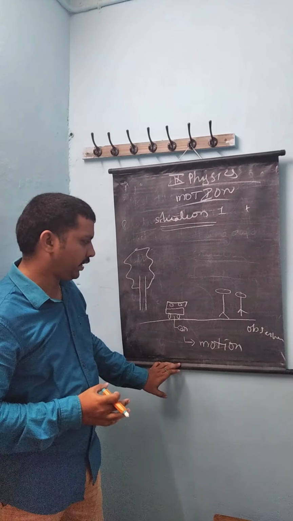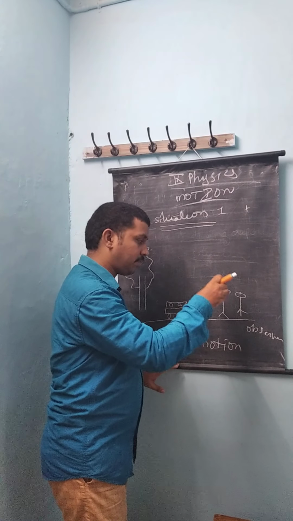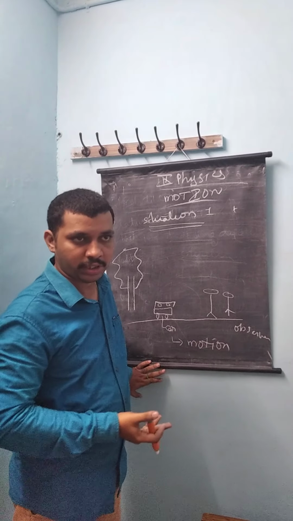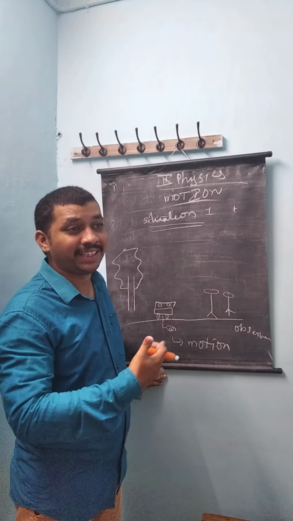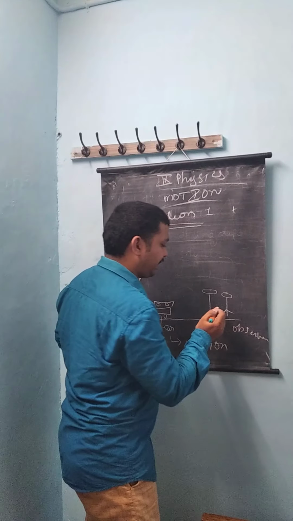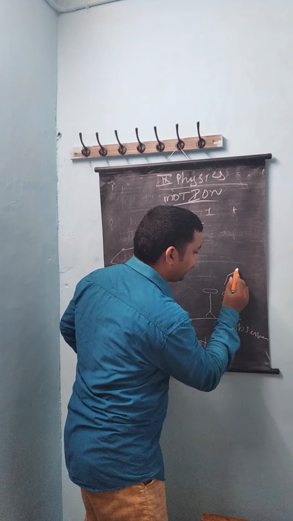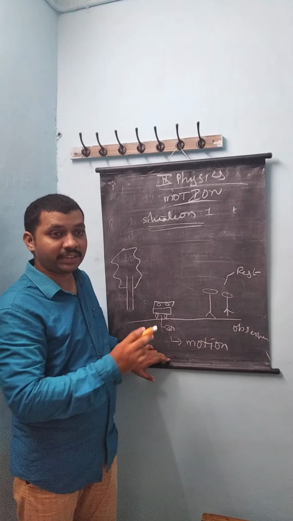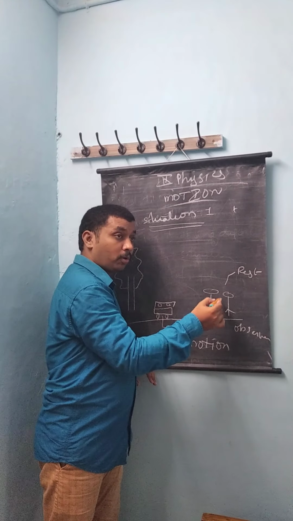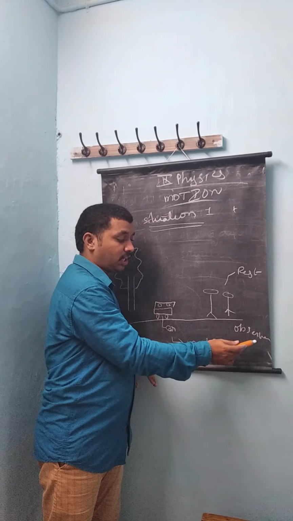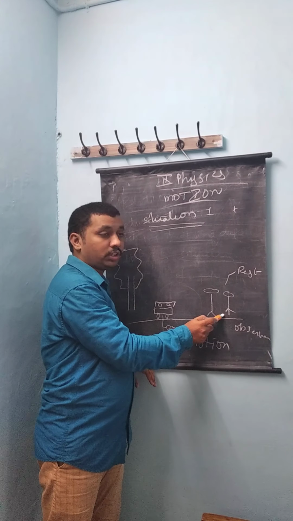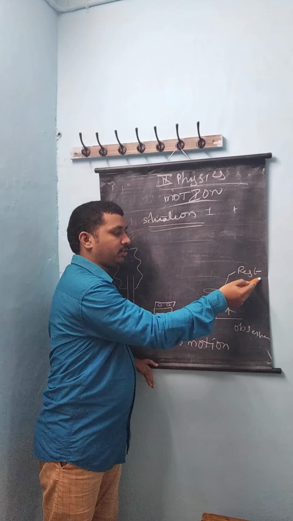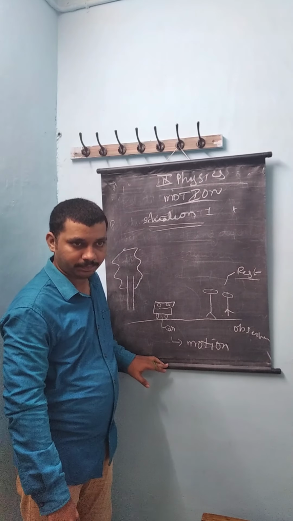Is the position of the observers standing on the road at rest or in motion? I already said that they are standing. That means here the observers are at rest. So we have to consider the situation with respect to the rest position.